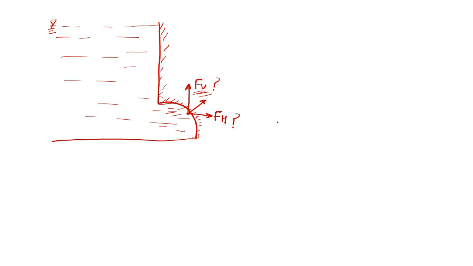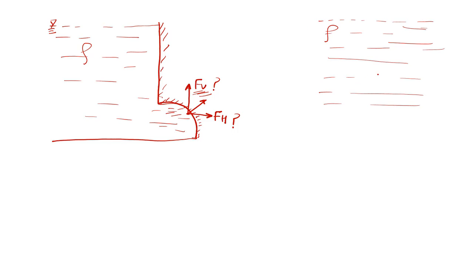So how to convert this? To understand the concept, let us consider this is the whole water or fluid, with density rho. Now say I have a curved surface, put it here, in an equilibrium state.